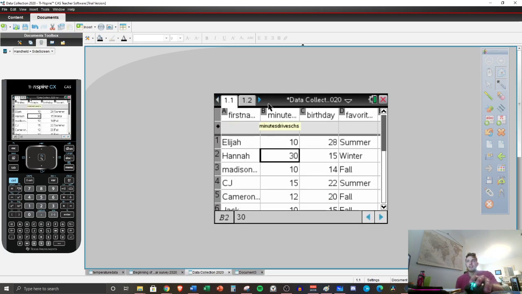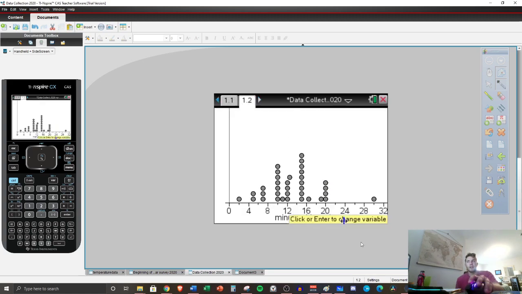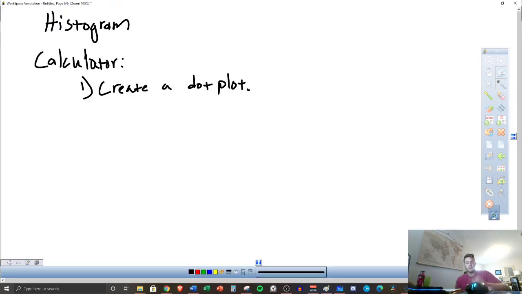So this was the data sheet. Pull that back up. Don't save anything if you have a file, but get this dot plot up right here. So I'll give you a moment to do that. I'll pause it even. So get the dot plot of the drive time to SCHS. So minutes drive to SCHS. All right, so that's the first step.